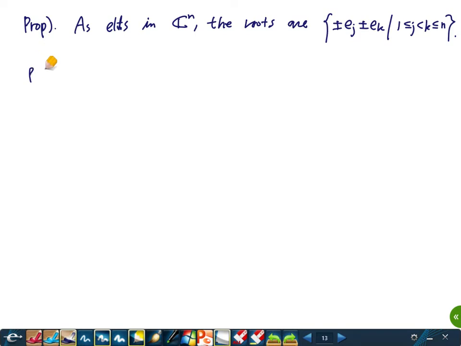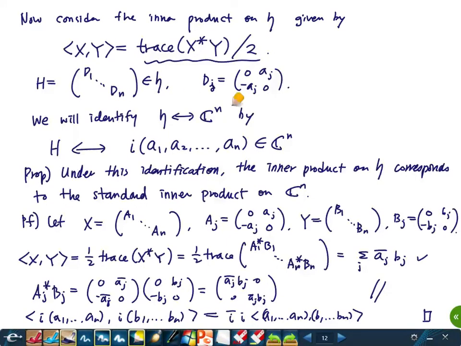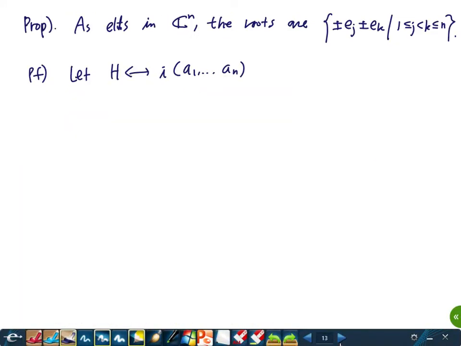So let's prove it. Proof is simple. Let's say H corresponds to this A1, ..., An. That means H is a block diagonal matrix D1, D2, ..., Dn, and then Dj is a 2 by 2 matrix like this over here. And we know the roots are these alpha_{jkl}, l from 1 up to 4.